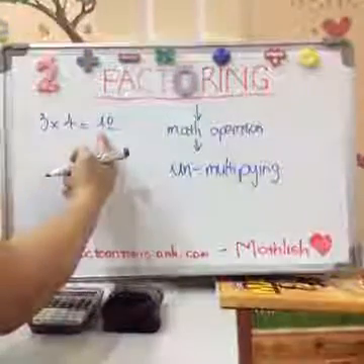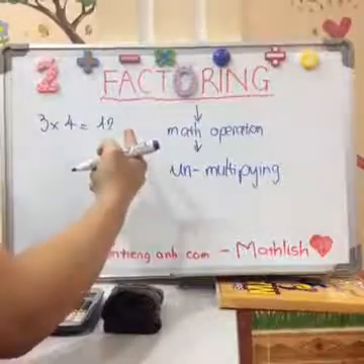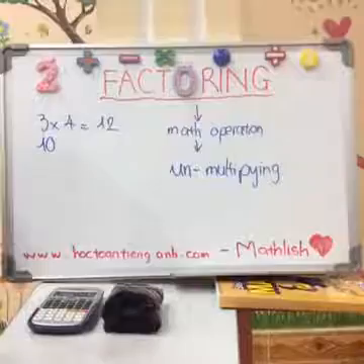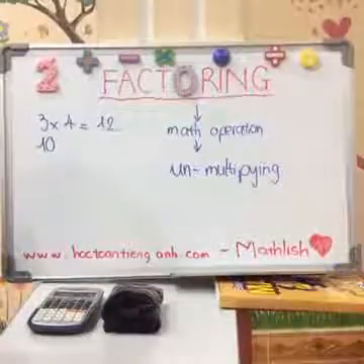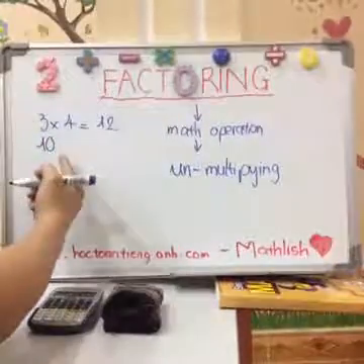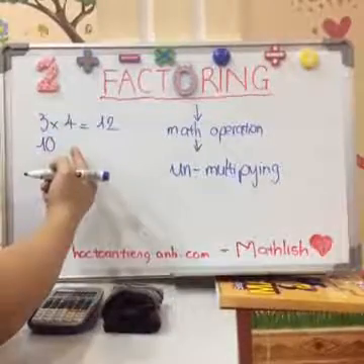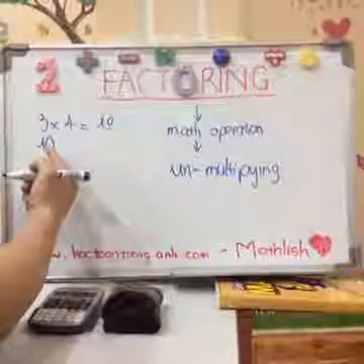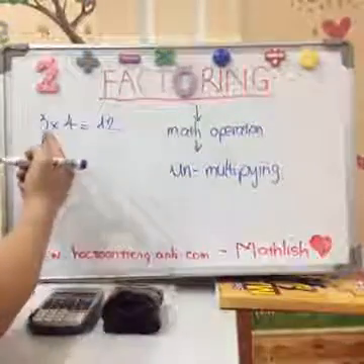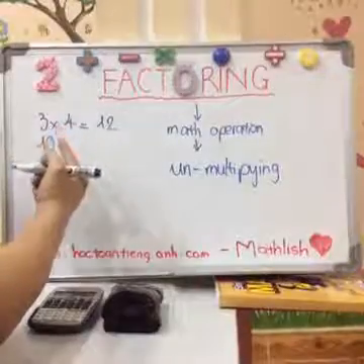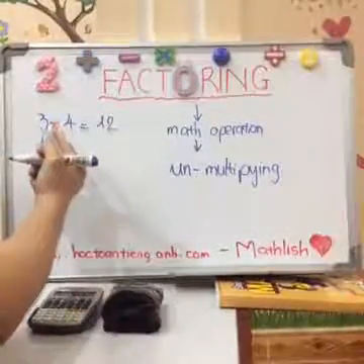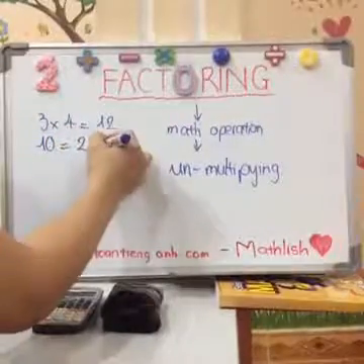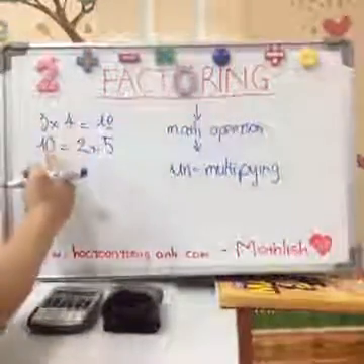For example, let's say you are asked to factor the number 10. That means you need to figure out what numbers you could multiply together to get 10. If you know your multiplication table, you will remember that 2 times 5 equals 10.